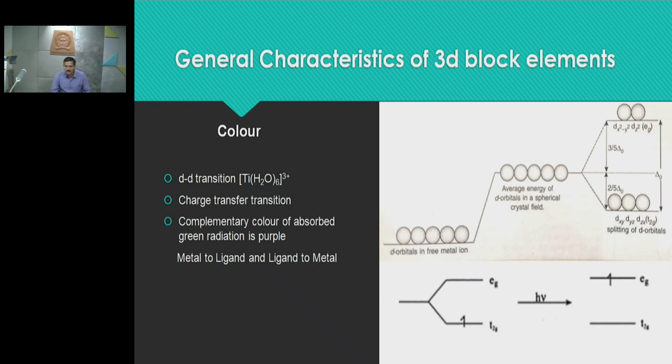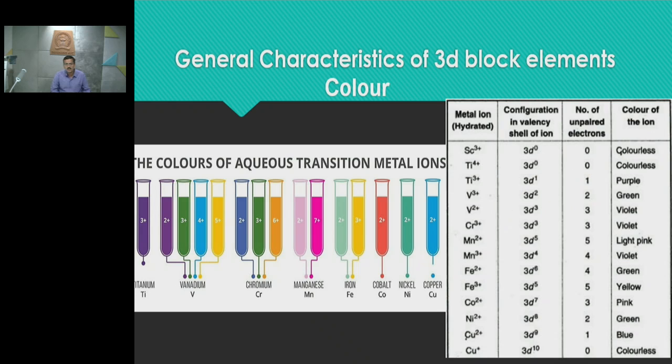In hydrated titanium, in the d1 case, the electron present in t2g goes to an excited state by absorption of light into eg, and during that process it absorbs a color and we observe the complementary color. That way they show color because absorption takes place in the visible region.